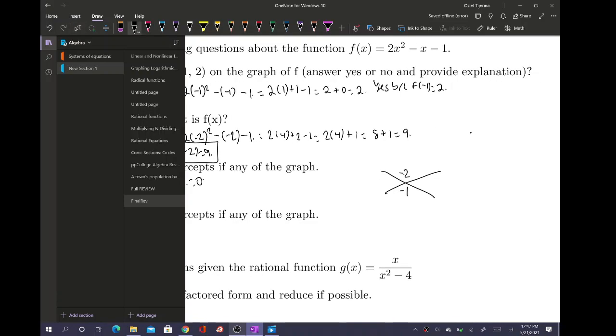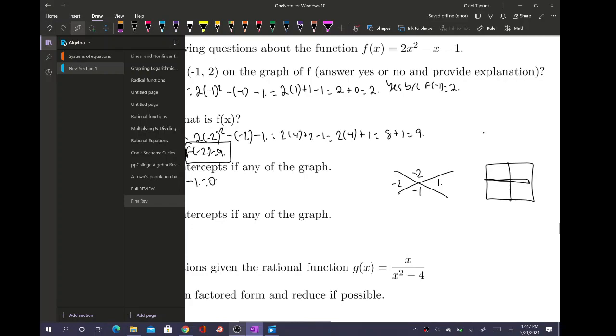Two numbers that multiply to negative 2 and add to negative 1 are negative 2 and 1. So then we do our box method because a is greater than 1. So it's 2x squared up here. The first number is negative 2x, then it's x, and then our c value is negative 1, right?